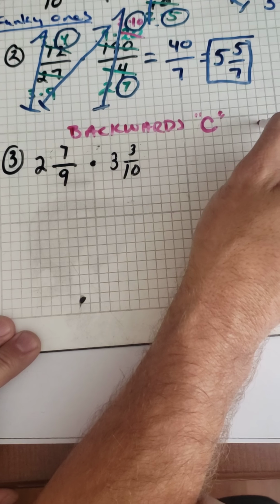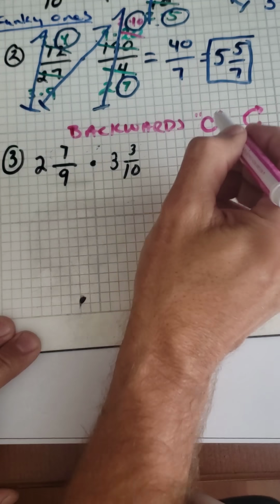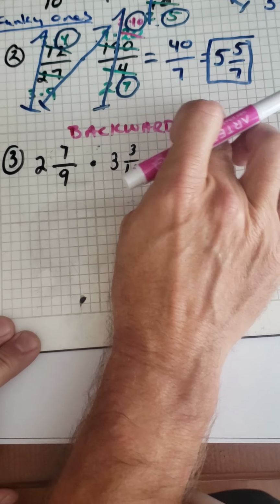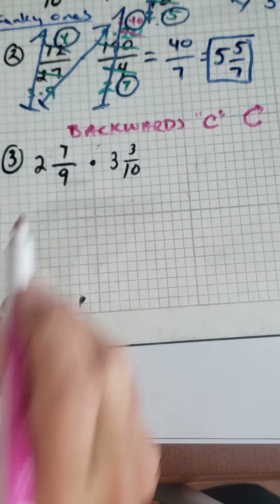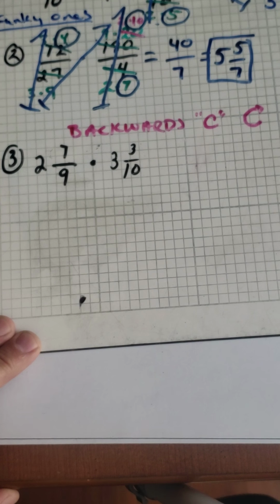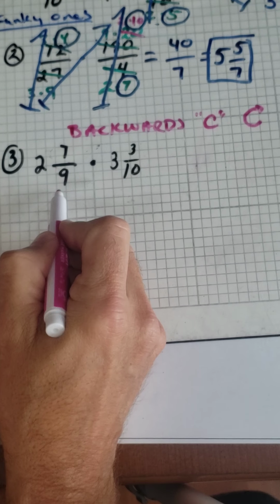Very few of us start at the bottom and go up to the top. And that's what I mean about a backwards C: it's not that the C is written backwards, it's that how we write the C is opposite of what we normally do. We normally don't start at the bottom and go to the top. But that's what I do here.